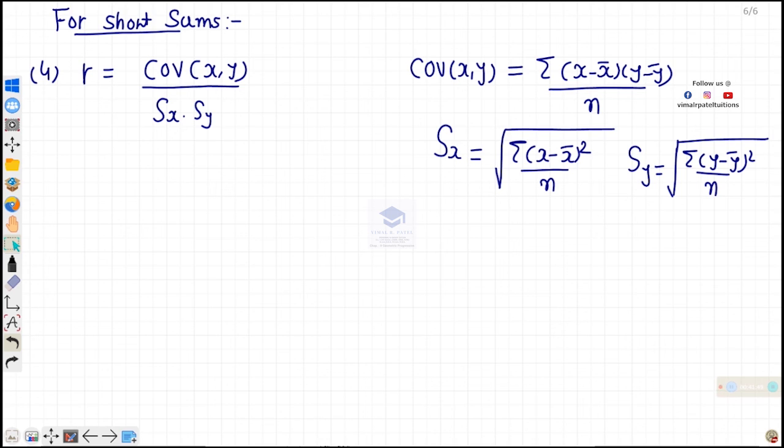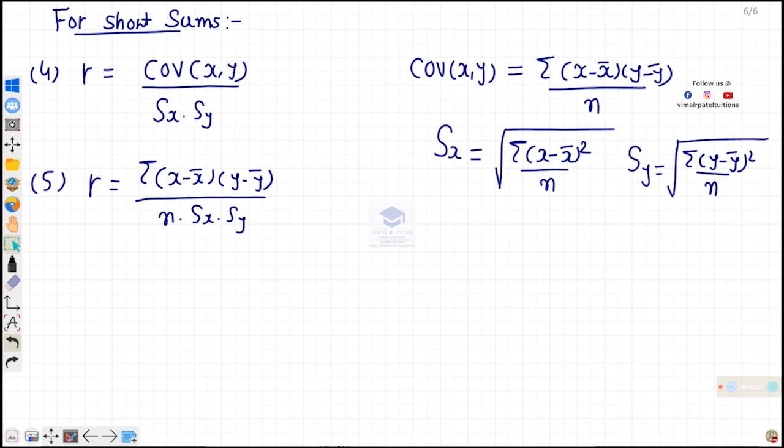So if I substitute the value, I will get a new formula. Instead of covariance, it will be sigma x minus x bar into y minus y bar upon n into sx into sy.